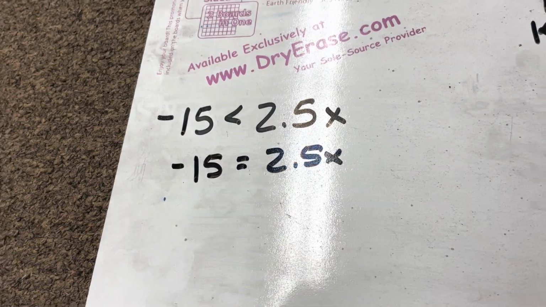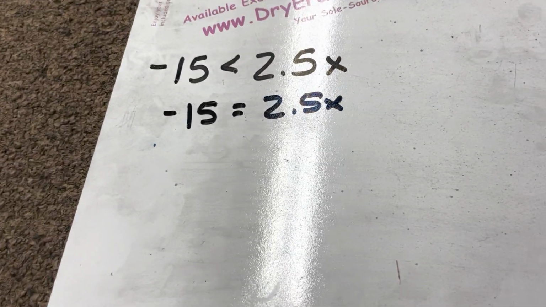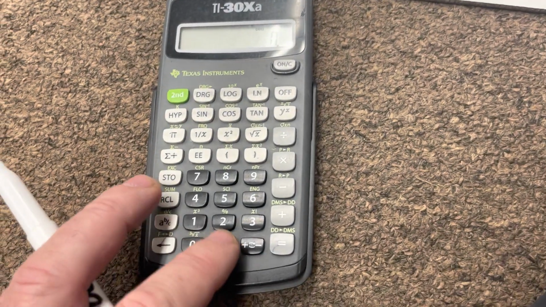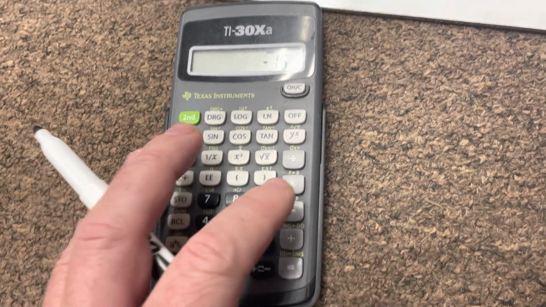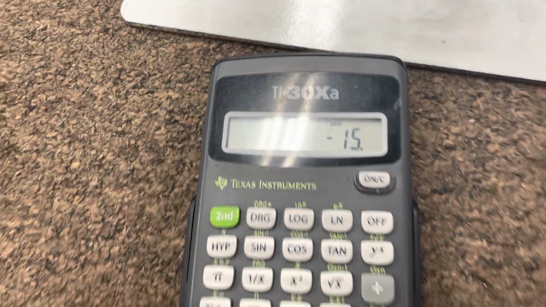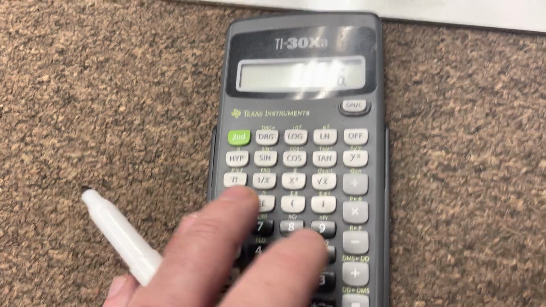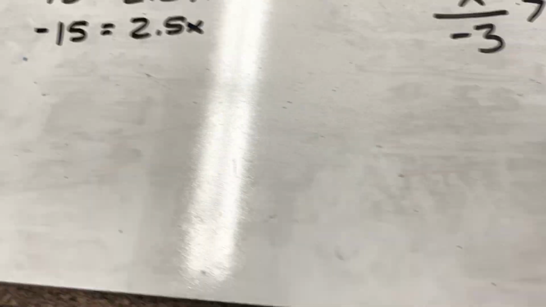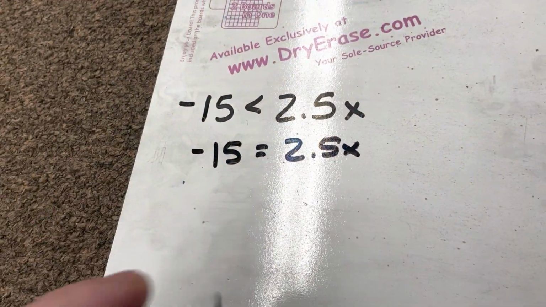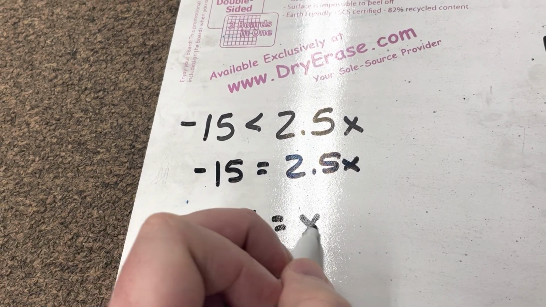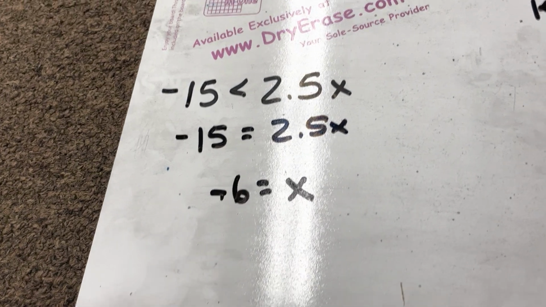I need to divide everything by 2.5, so it's going to be -15 divided by 2.5 equals -6. So -6 equals x. X equals -6.